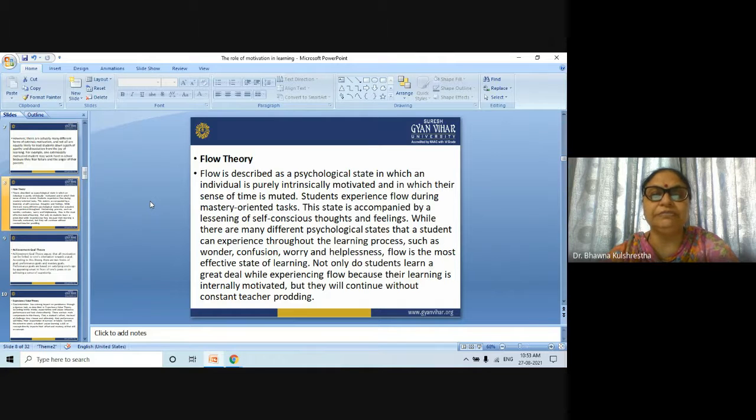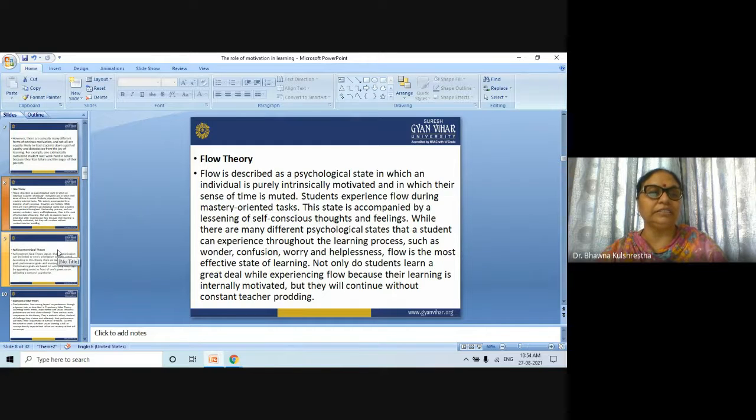While there are many different psychological states that a student can experience throughout the learning process, such as wonder, confusion, worry, and helplessness, flow is the most effective state for learning. Not only do students learn a great deal while experiencing flow because their learning is internally motivated, but they will continue without constant teacher prodding.